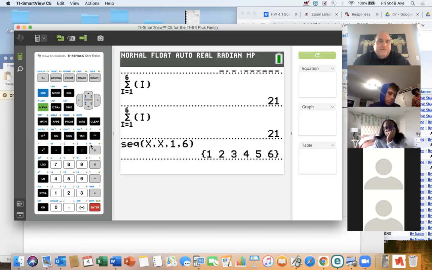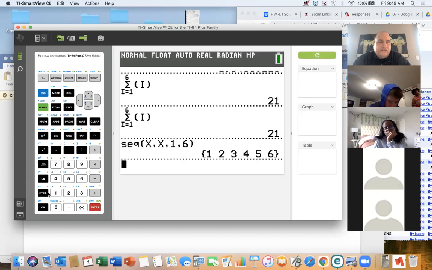And then you could first hit sum and then do the sequence, and it will actually sum that for you. Not as convenient as the summation button, but if you've got an older calculator, at least that's another option.